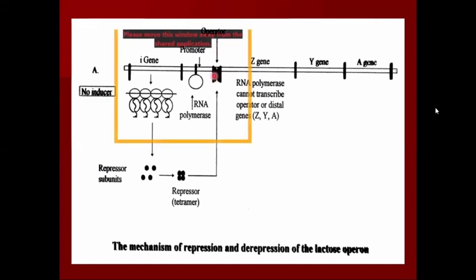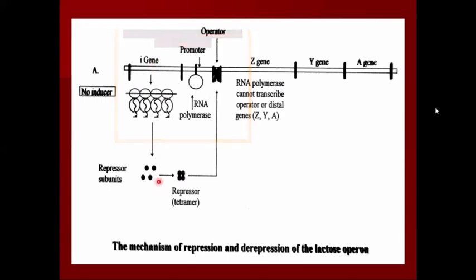Okay? And these are the transcribed region, Z, Y, and A gene. Okay? And what is this? The ribosome. Okay? So when the gene is expressed, it will form 4 protein subunits. That's the LacI gene.